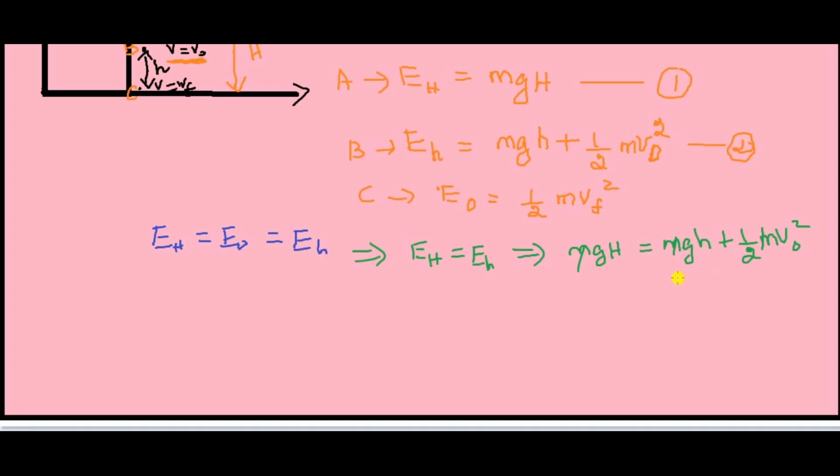And we don't have the g over here. So if I want to cancel g from all of them, let us multiply and divide by g. So the g will get cancelled.